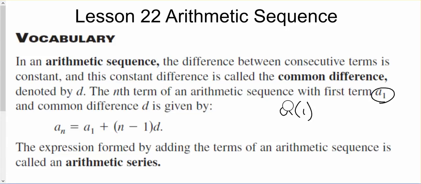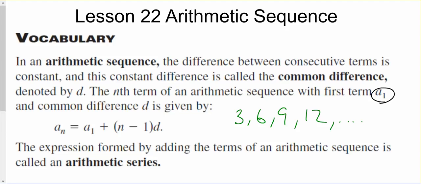So what they're saying here is that if we had a sequence, let's say we had the numbers 3, 6, 9, and 12, and that meant it went on and on forever with those dots. That's an infinite sequence.